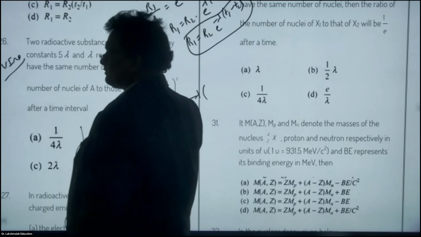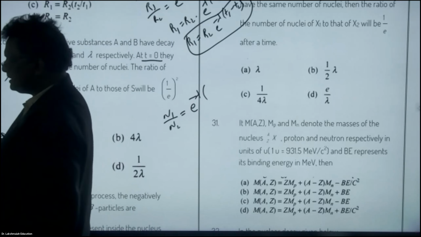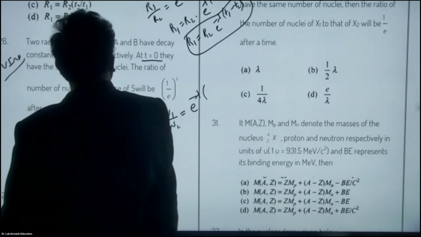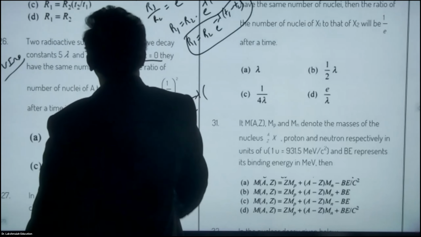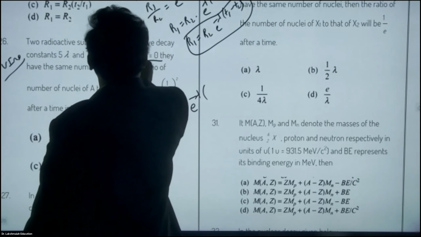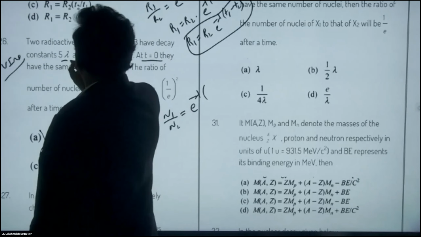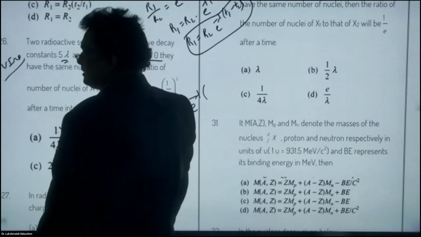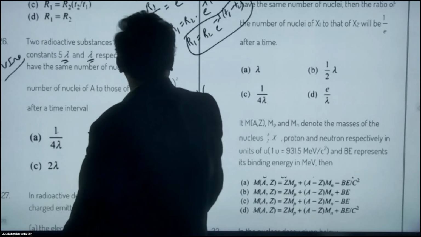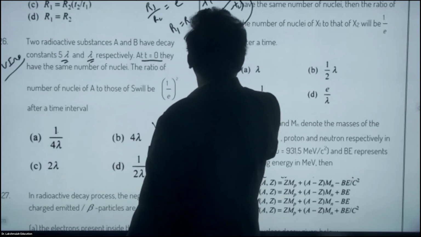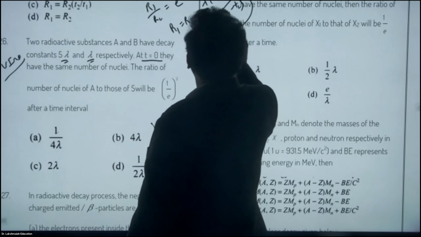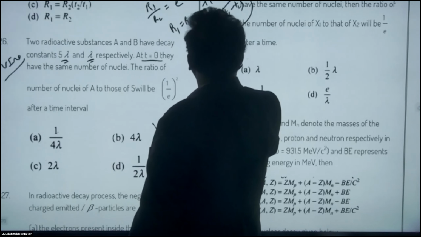What is T1 and what is T2? The ratio of one is 5 lambda and the second one is lambda, no? 5 lambda, lambda. That is minus, minus 5.